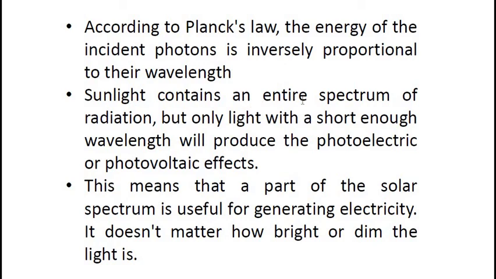Sunlight contains an entire spectrum of radiation, but only light with a short enough wavelength will produce the photoelectric or photovoltaic effect. So it is necessary to have a short wavelength of light to produce the photoelectric or photovoltaic effect. This means that only a part of the solar spectrum is useful for generating electricity. It doesn't matter how bright or dim the light is. So the solar spectrum is partially used for generating electricity.